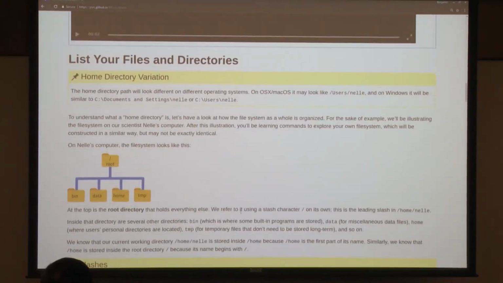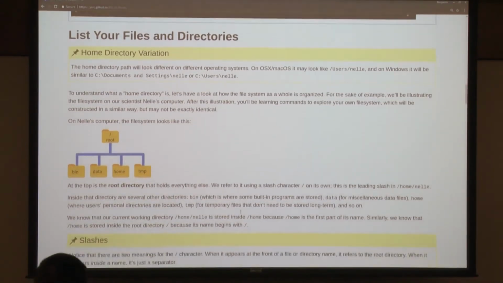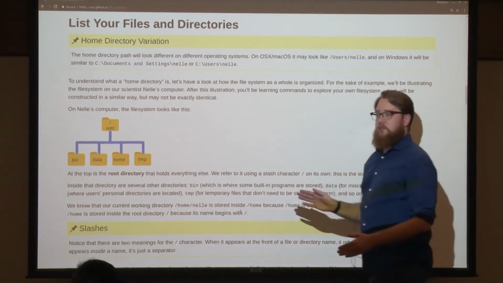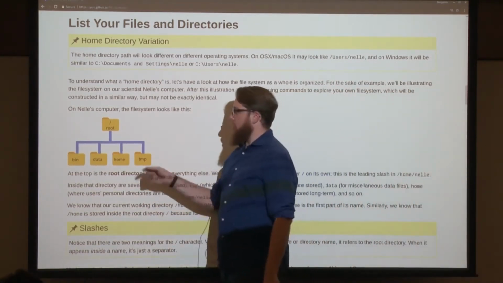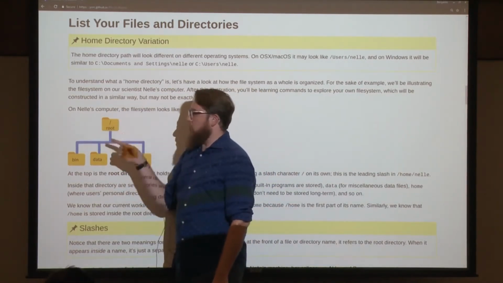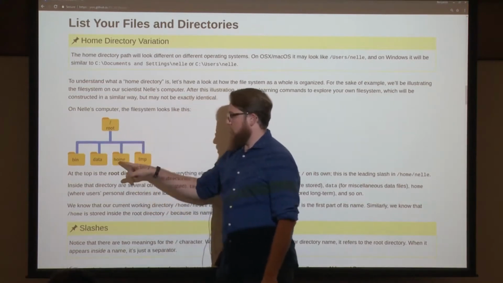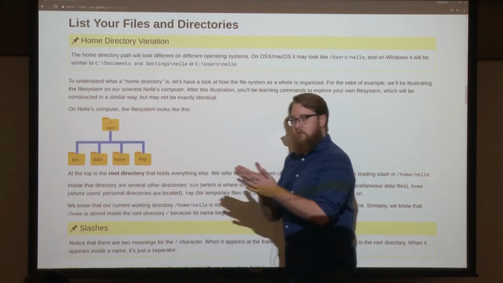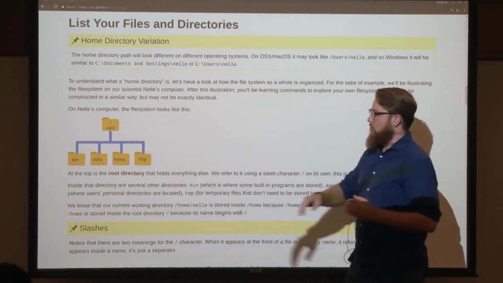The way that directories are specified in this sort of operating system is with slashes and file names. So if that directory that we were looking up earlier was, she was in /home/Nell, so the first slash means that this is the root of all the files on this computer.